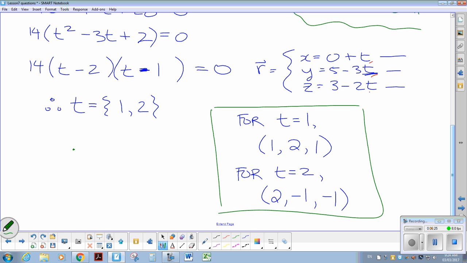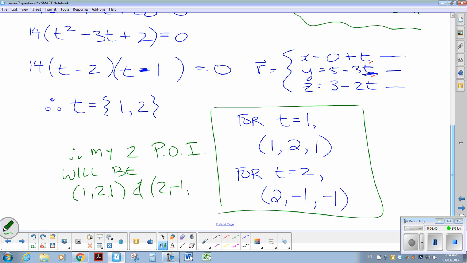So therefore, my 2 points of intersection will be, I love math when you do short forms all the time, (1, 2, 1) and (2, negative 1, negative 1). If you have any other questions, let me know.